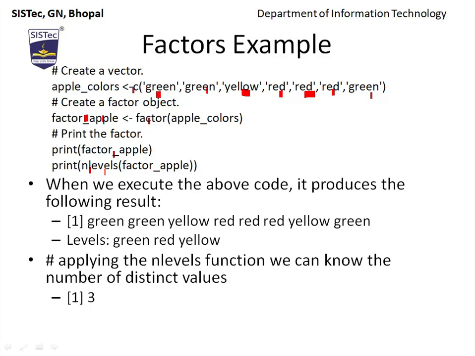I pass the nlevels function within print, and pass the argument factor_apple. According to the execution results, the first function, print factor_apple, will print the values that I stored, and the factor_apple labels are represented as green, red, and yellow. This function identifies the number of unique categories. We have only 3 categories to display, so such types of functions require factors.